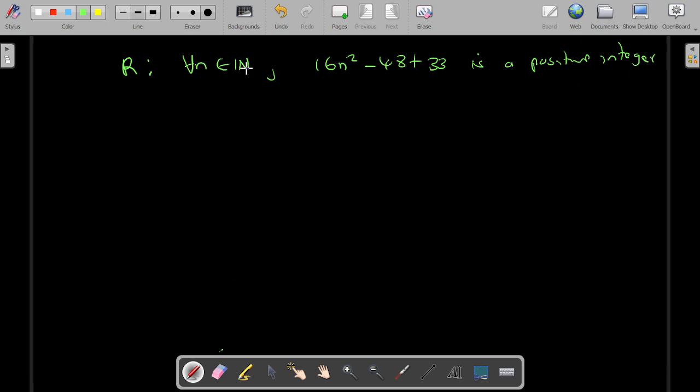So for every n in the set of natural numbers, 16n squared minus 48 plus 33 is a positive integer.